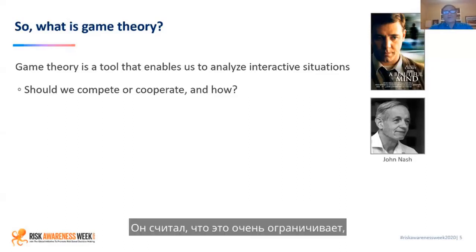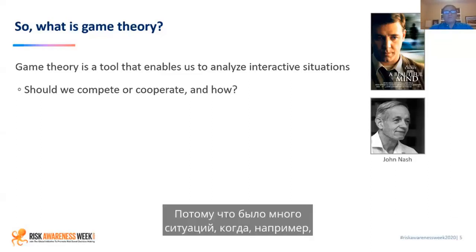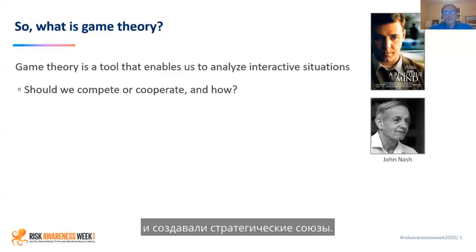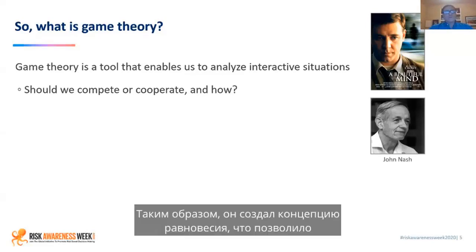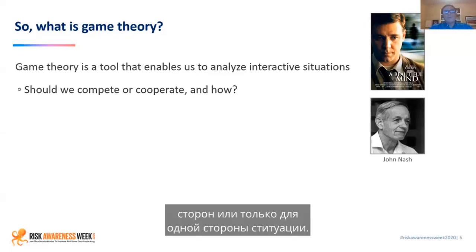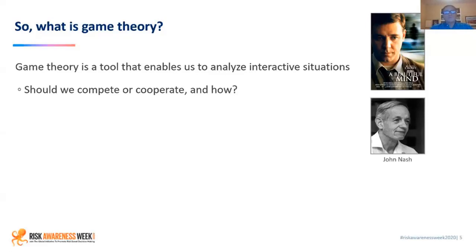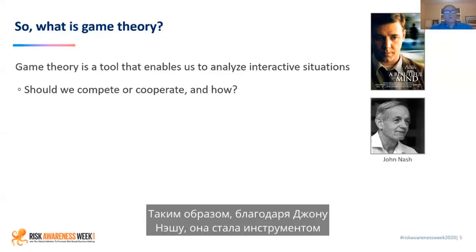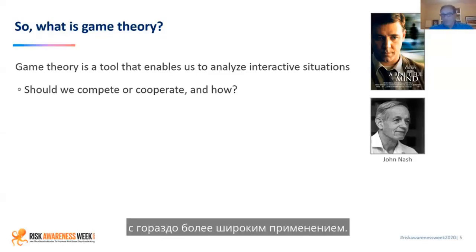He thought that was very limiting, and that game theory should be more general, because there were many situations where companies, for example, cooperate with one another and form strategic alliances. So he created an equilibrium concept that allowed us to look at win-win, lose-lose, and win-lose situations. It became a tool with much broader applicability thanks to John Nash.